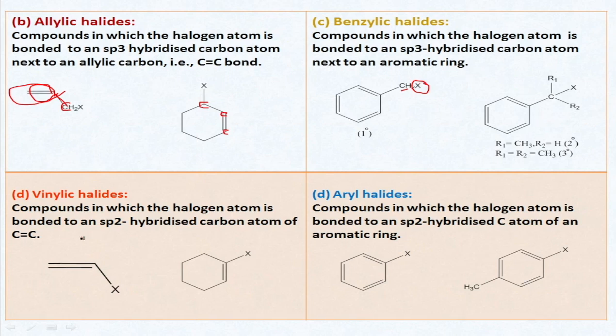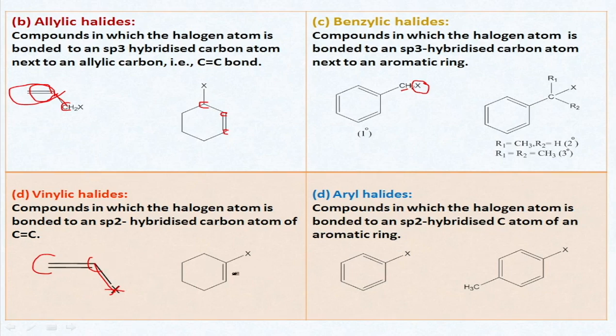Vinylic halides are compounds in which the halogen atom is bonded to an sp2 hybridized carbon atom of a C double bond C. So the halogen is bonded to the carbon of the double bond; that is a vinylic halide.